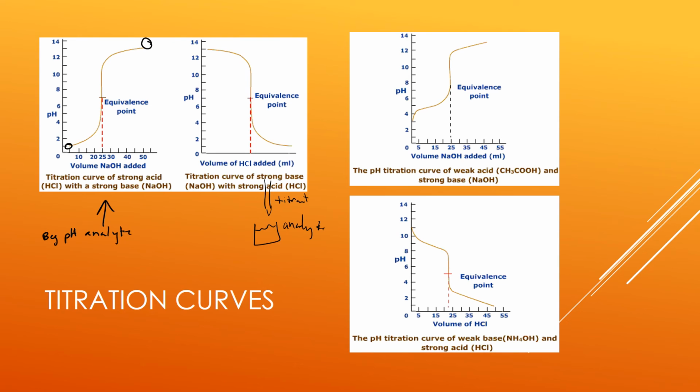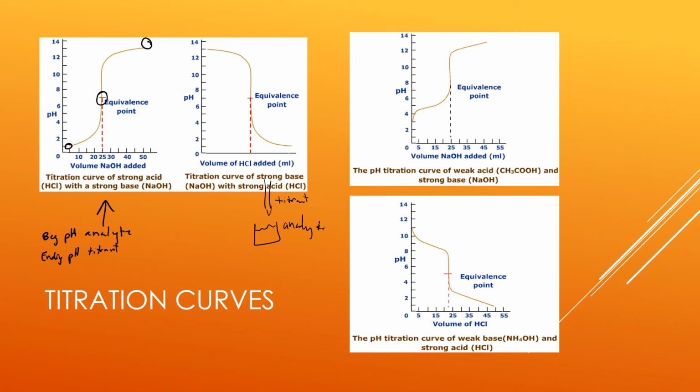The reason why we know that is because the pH starts really low and the pH ends very high. When you have a strong acid, strong base reaction, then my equivalence point is going to be exactly at 7. So the beginning pH is the analyte, the ending pH tells you who the titrant is.